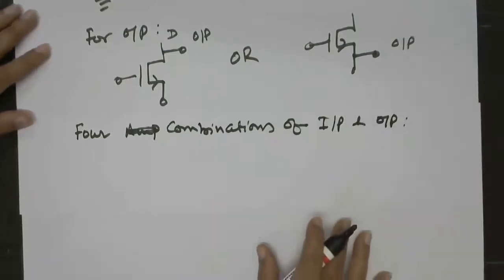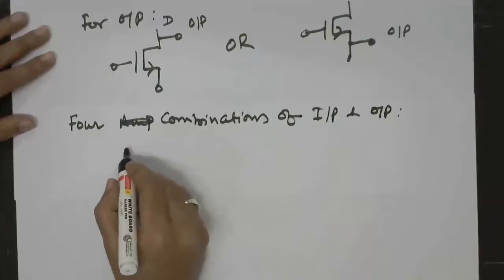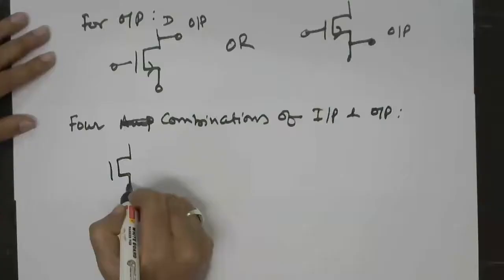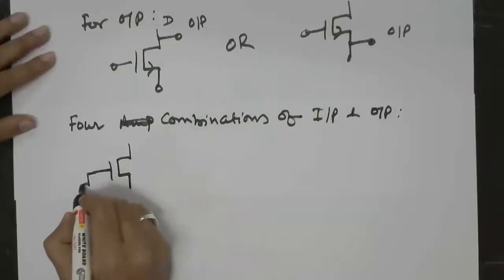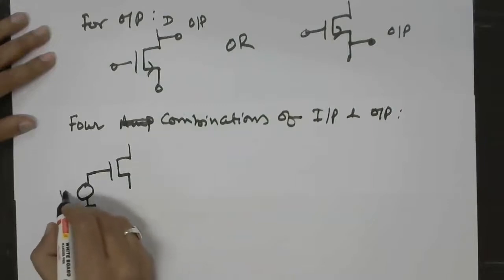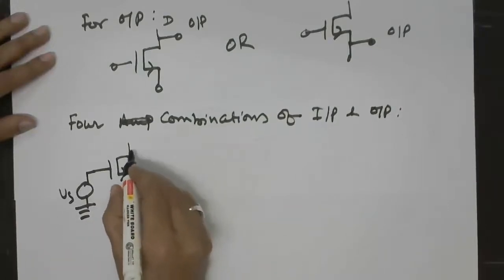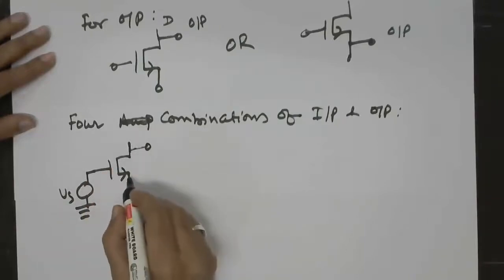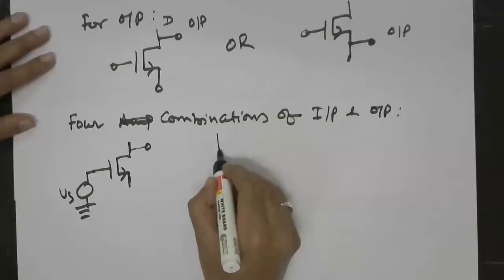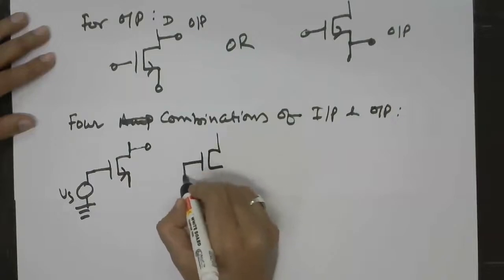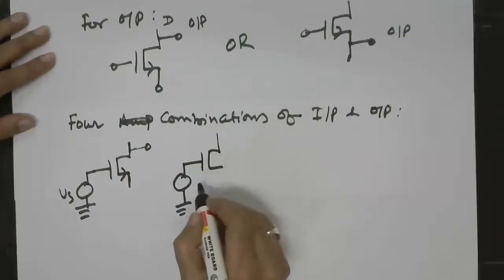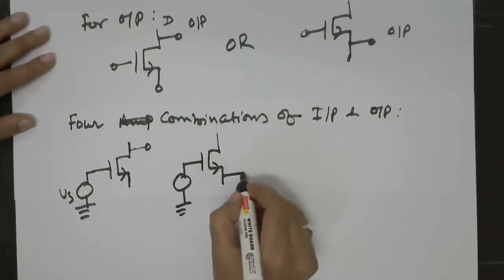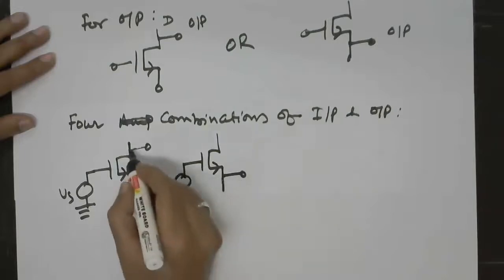So there are four combinations of input and output possible. One is that we apply our source at the gate and take the output from the drain. Second is we continue to apply our input here at the gate, but now take the output from the source.